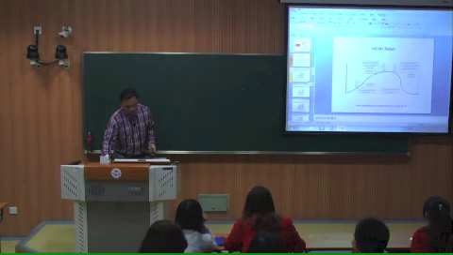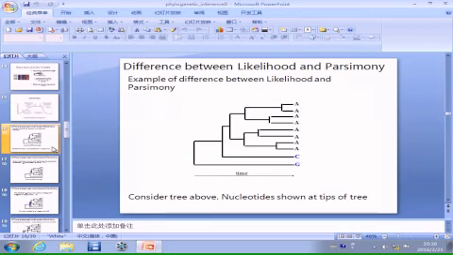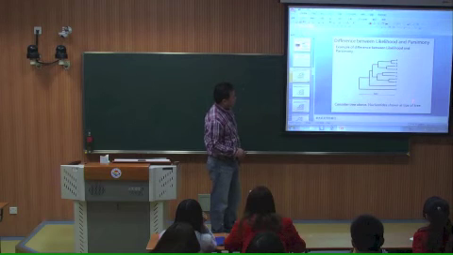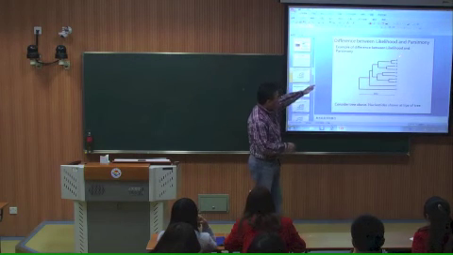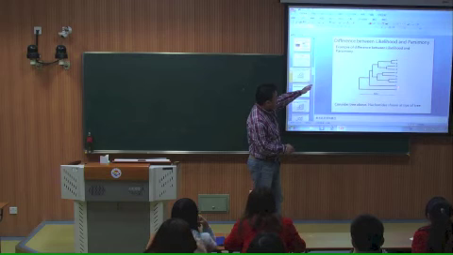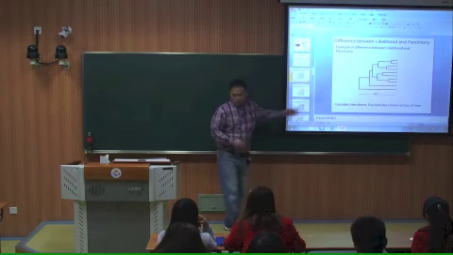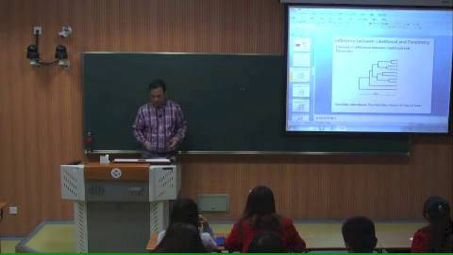So, before I introduce you guys to Bayesian estimation, we can take a look at the difference between likelihood and parsimony. So for example, when we consider this tree, and the nucleotides at the tips of the tree look like this. Okay.